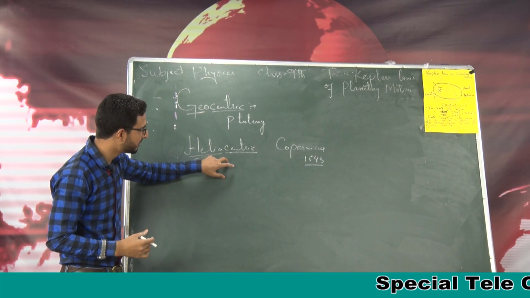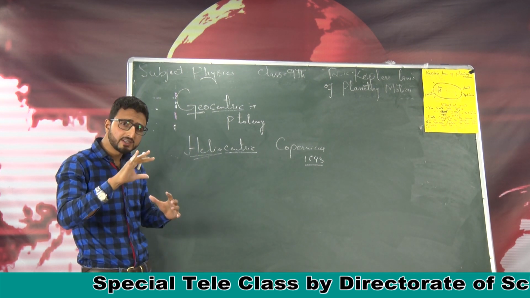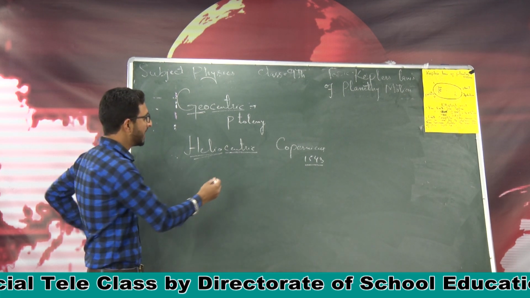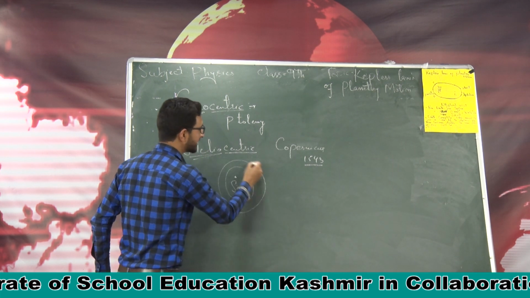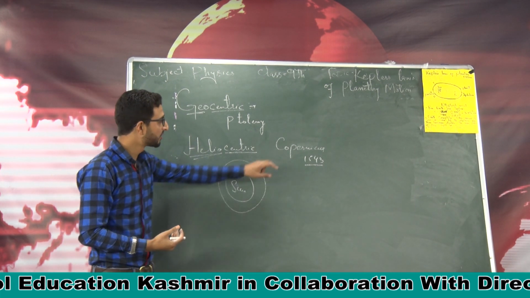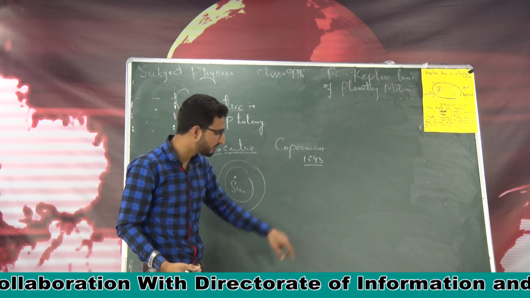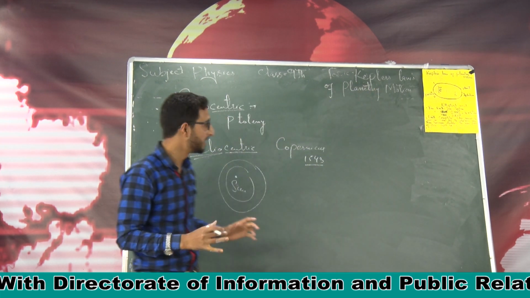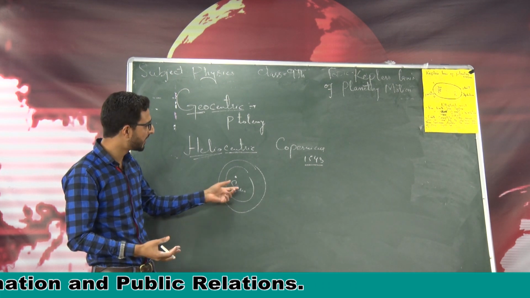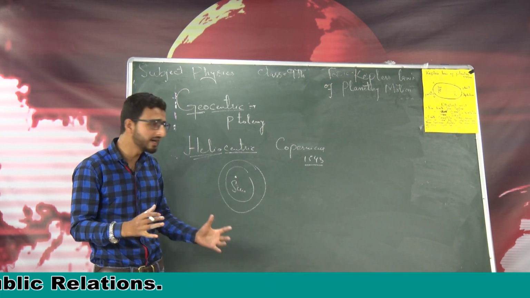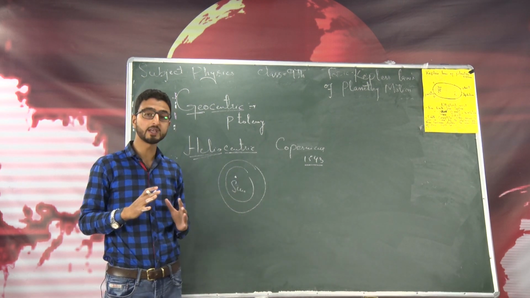According to this theory, it is the sun and not the earth that is the center of the solar system, and every planet revolves around the sun in definite orbits. Copernicus considered these orbits to be circular, which were later replaced by Johannes Kepler. This heliocentric theory is the presently accepted theory.